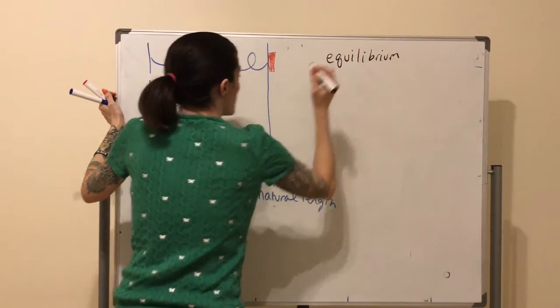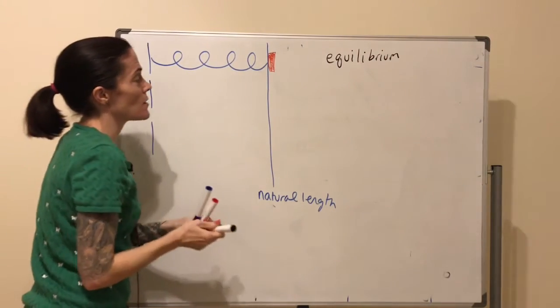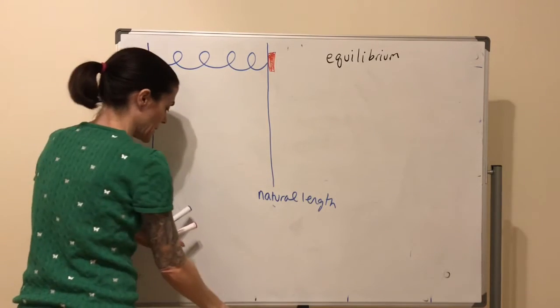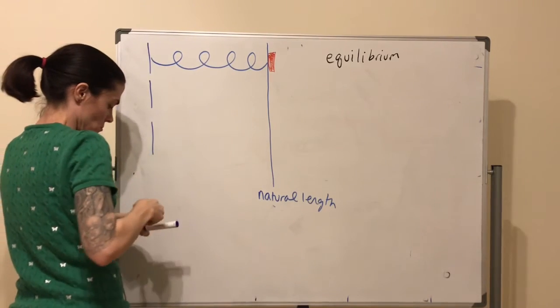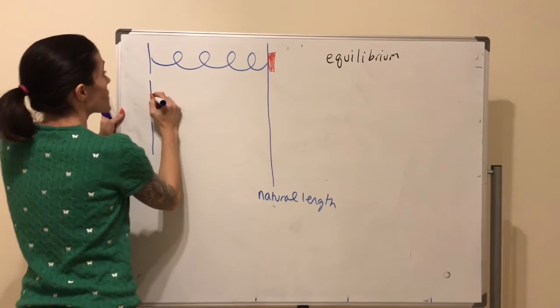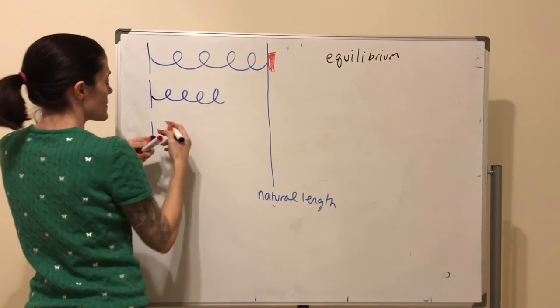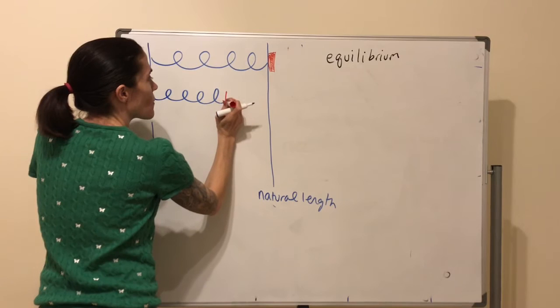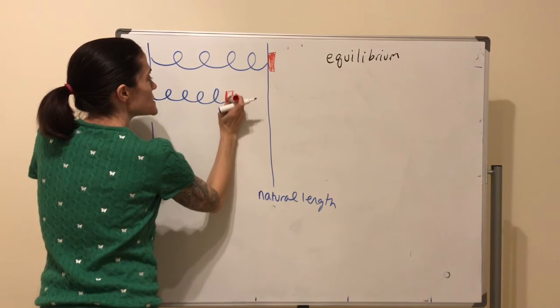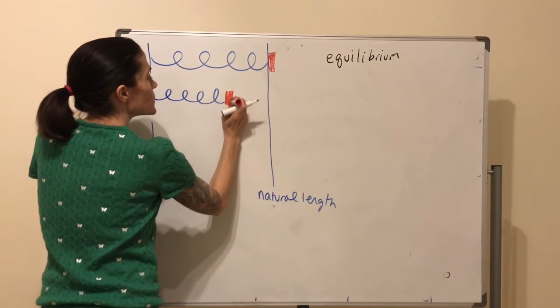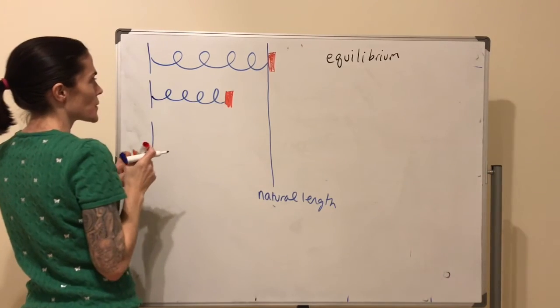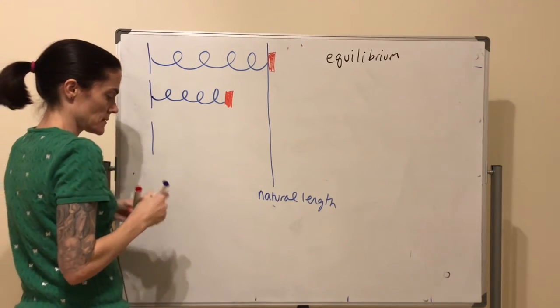Then you can think about compressing the spring, and we have the same little block or whatever is on the end of the spring. This is compressed.